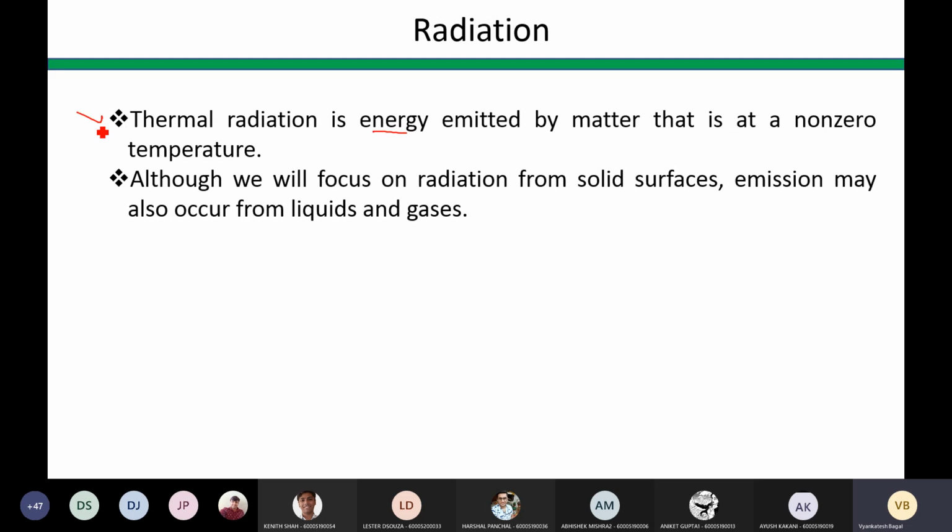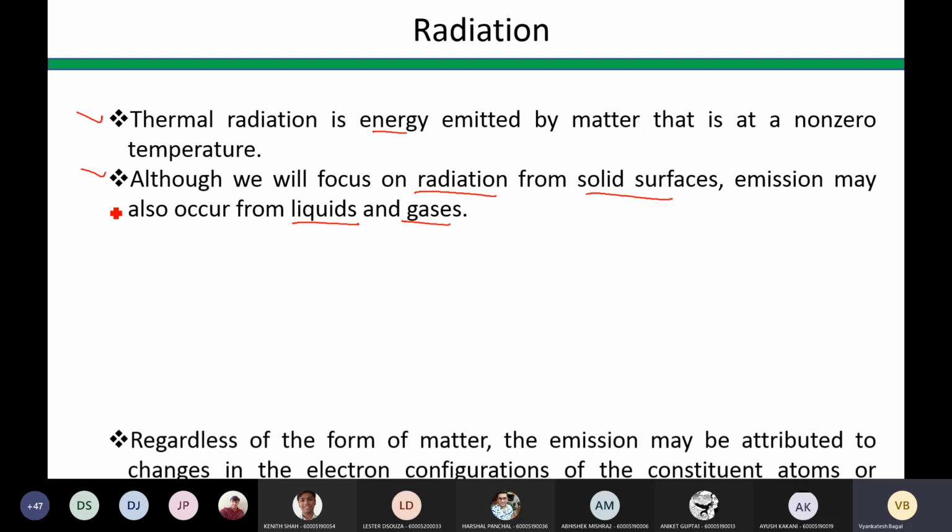Second point. Although we will focus on radiation from solid surfaces, emission may also occur from liquids and gases. Why is this point given? Because you should not be under the impression that radiation is emitted only by solid surfaces alone. So radiation may be emitted by liquids as well as gases.